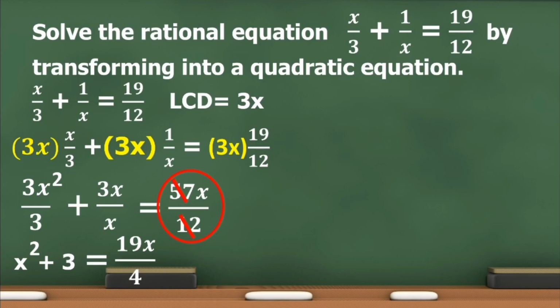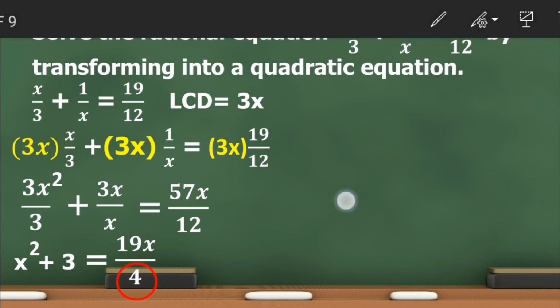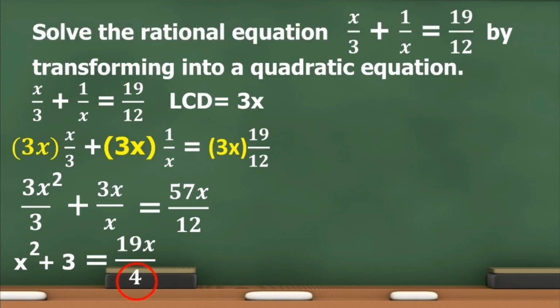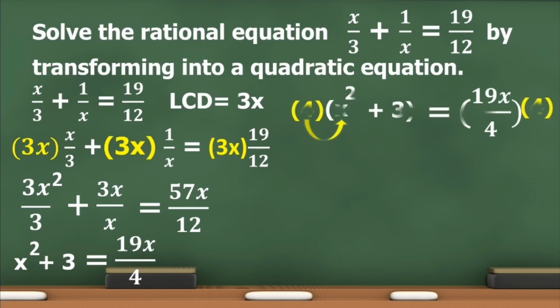At para maalis natin class yung denominator na 4, gagamitan natin ng multiplication property of equality. So, multiply both sides of the equation by 4. So, 4 times the quantity of x squared plus 3 is equal to 19x over 4 times the quantity of 4.